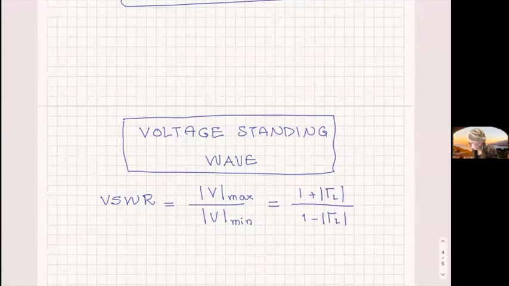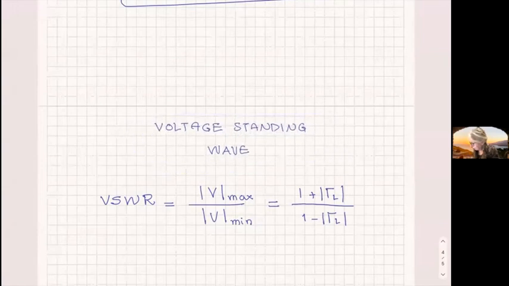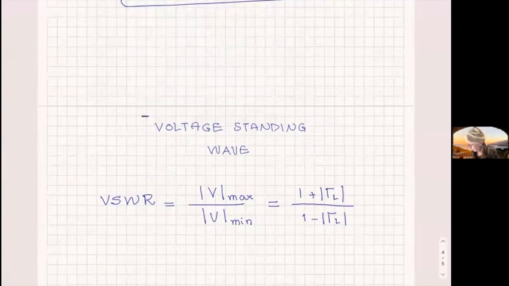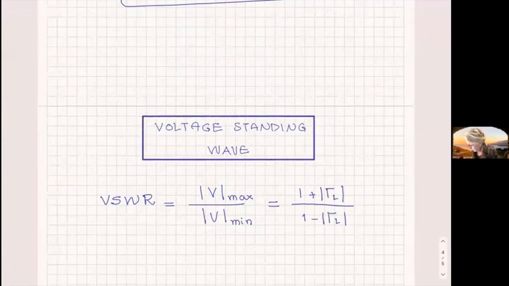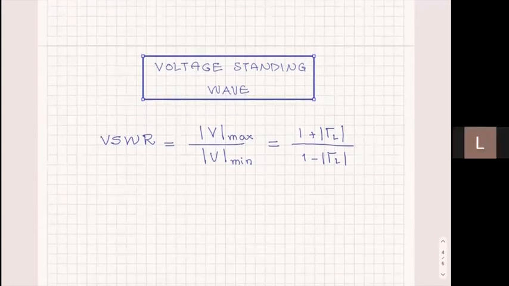The last thing, do you remember what is the largest value of the reflection coefficient and the smallest value of the reflection coefficient? What are those values? What is your reflection coefficient in the best case scenario where your line is matched? It should be 0.